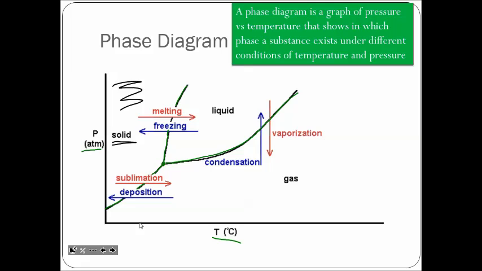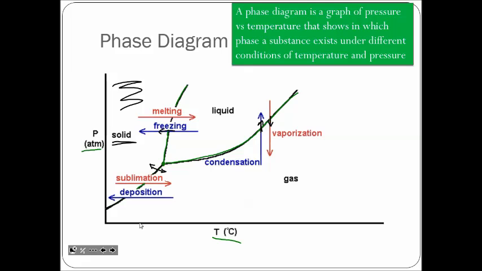Liquid is kind of in the middle, and the gas over here. At very low pressure and high temperatures, you're going to see lots of gas. And each of these is a phase change line. So this one is going between the solid and the gas. That's why we have sublimation and deposition there. This one's going between the liquid and the gas, so you see your condensation and vaporization.